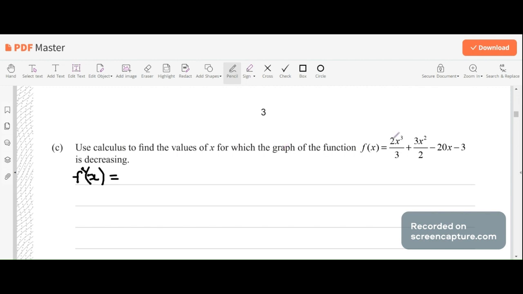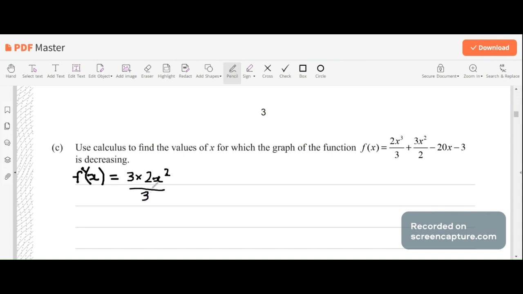So as I said earlier, we multiply by the exponent and then take one away from the exponent. So 2x to the third power divided by 3. Well, we're just going to times by 3 times 2x, and we're going to take one from the power, so it's going to become 2. That's all divided by 3.